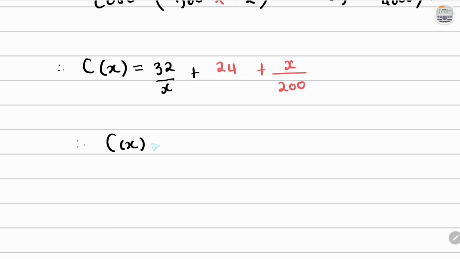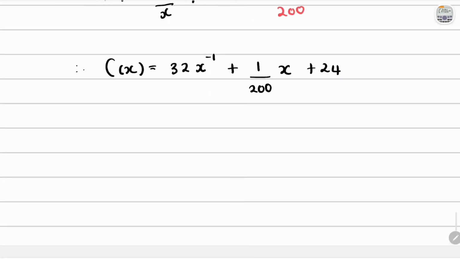So this is now c of x is equal to 32. And then when we pull the x up, it becomes x to the power of -1. I'll just write this here after. And so this one, we can just rewrite it as there's an invisible 1 in front of the x. So that's 1 over 200 and then x. And then this is just plus 24. Okay, so this is what we have. And now we can finally derive.